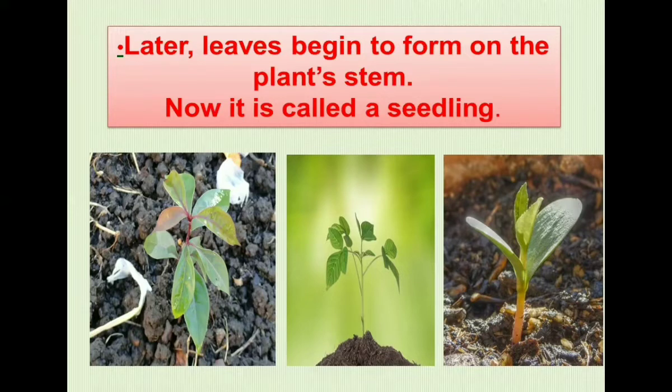What is the process seedling? It is a process when the leaves start to grow on the stem. What is the stem? Stem is the part of the plant. What is the function of the stem? It holds up the plant.